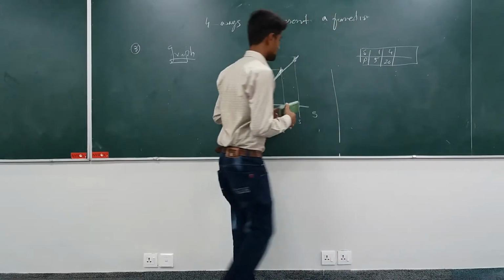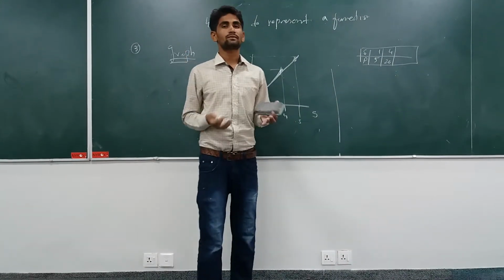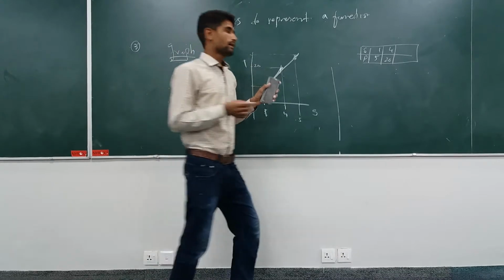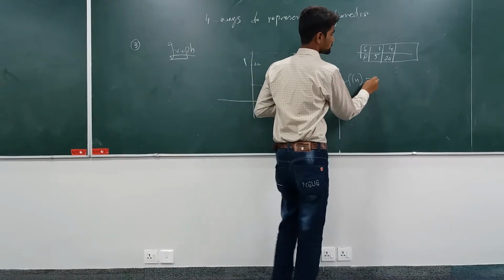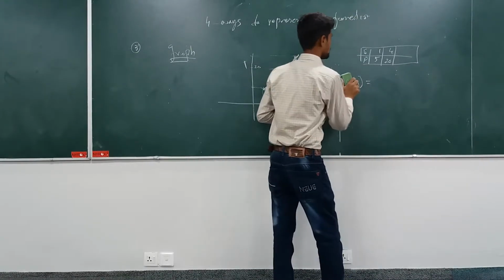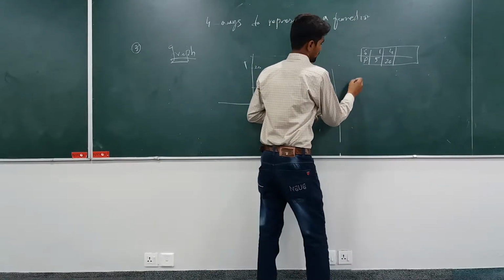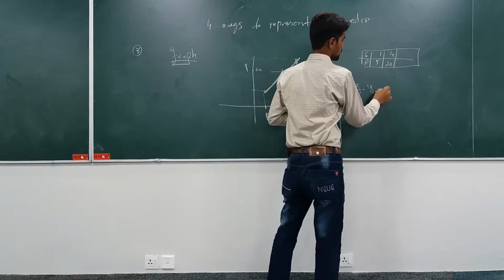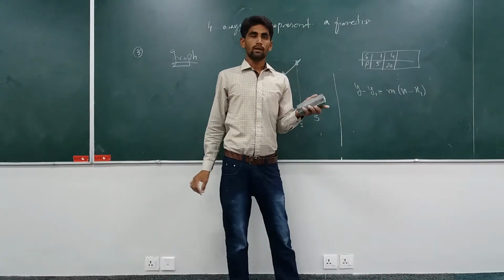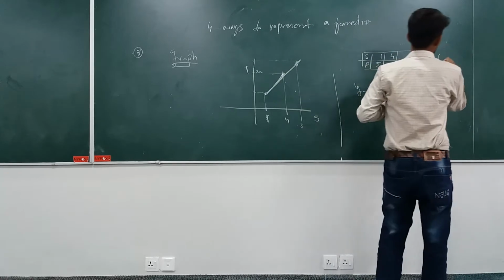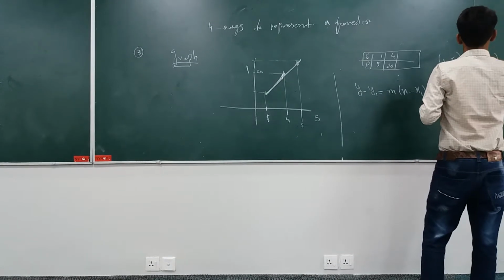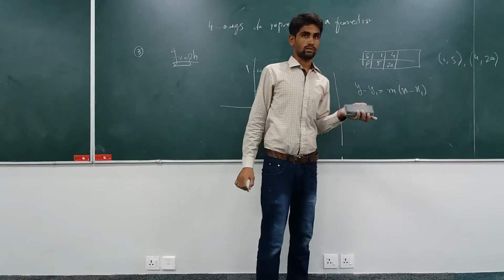Now if I want to represent it by means of a formula, we can say this is a straight line, and for a straight line f(x) = mx, or by the slope point form, y - y1 = m(x - x1). We are given two points: the first is (1, 5) and the second is (4, 20). So we can find the slope of this straight line.